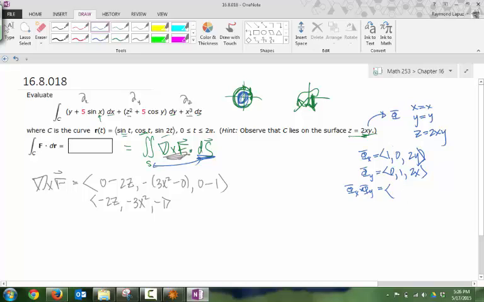With respect to x, it's 2y. I'm sorry, this first one is negative. The second one is also negative. So that's 2x.